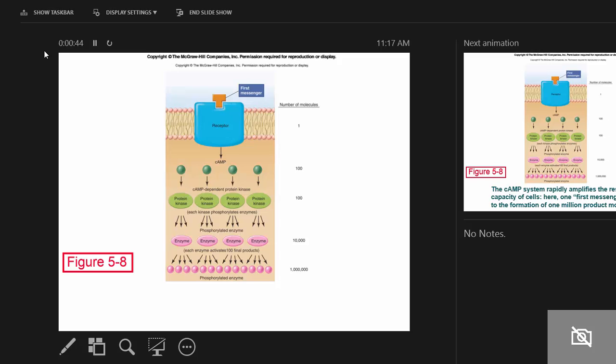By the time you get down to kinases, 100 times. By the time you get down to enzymes, 10,000 times. By the time you get to the very bottom of this, you've amplified this signal 1,000,000 times. This happens very, very rapidly. So that's the important part. So this is exponential. By activating this receptor, you can very quickly amplify the signal 1,000,000 times.